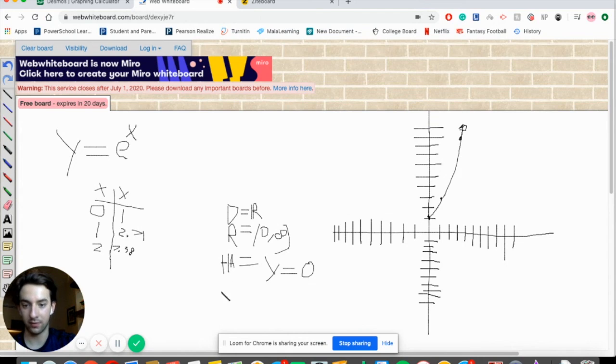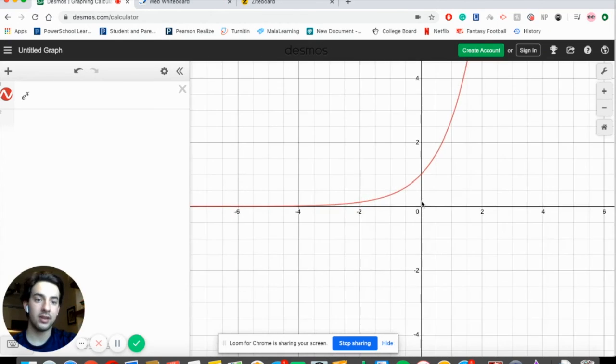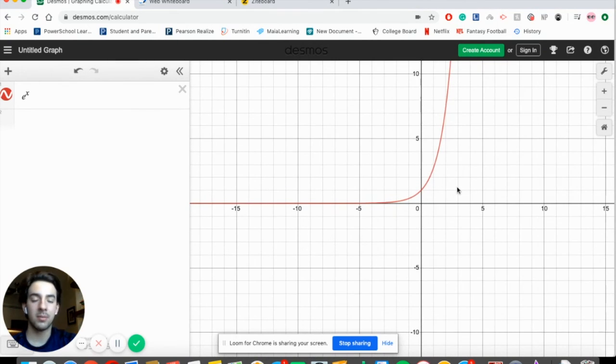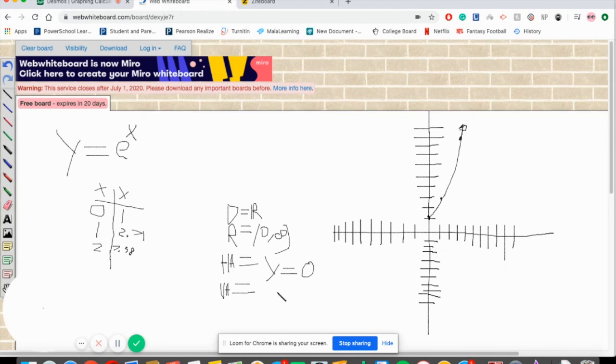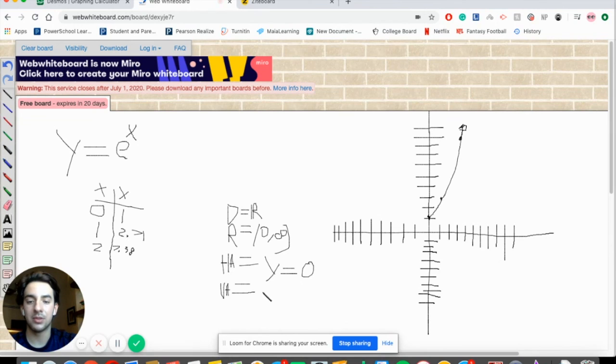And for our vertical asymptote, all exponential functions have no vertical asymptote. In Desmos, it doesn't really show it, in my opinion. Since the graph is exponential, it goes all the way up, but it doesn't really demonstrate that there is no vertical asymptote. And that's all.